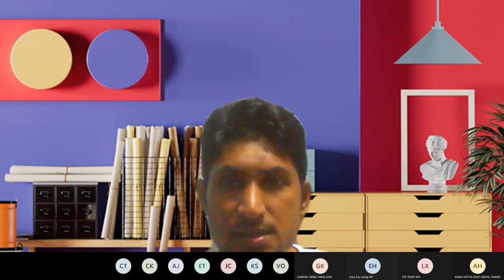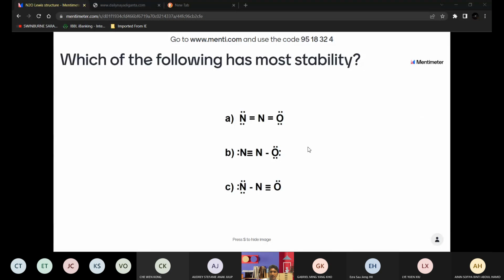The question is which of the following has the most stability. There are 3 different compounds of nitrogen and oxygen. No, sorry, 1 compound of 3 different arrangements. So which one do you think is most stable? Go to menti.com, use the code 9518324 and then vote. Please cast your vote to tell us which one is more stable.